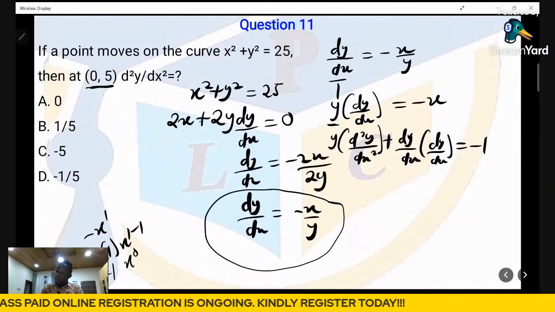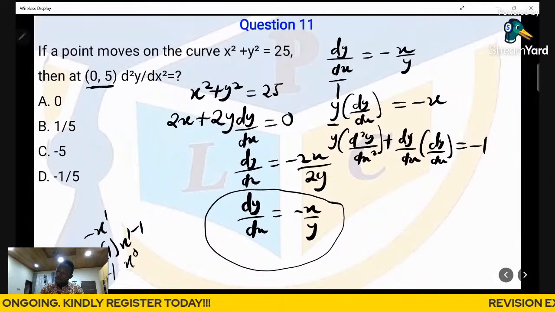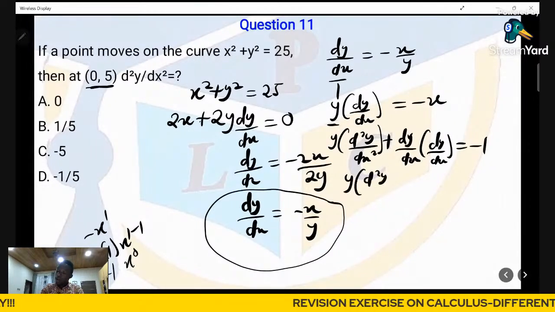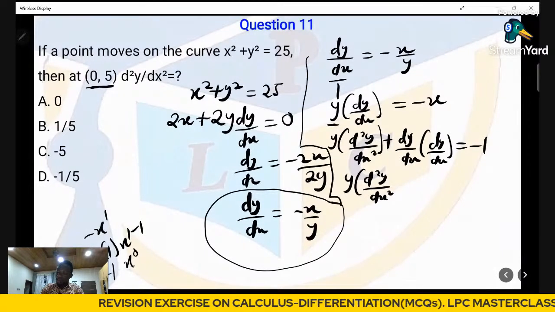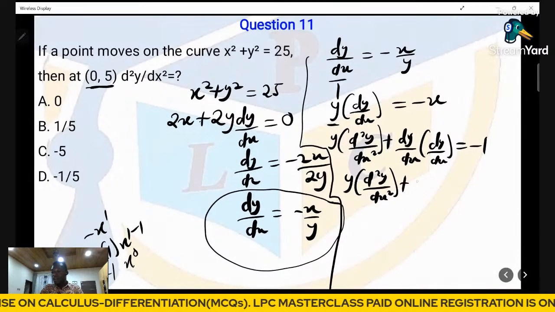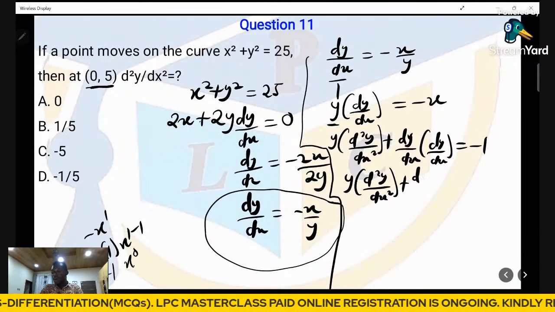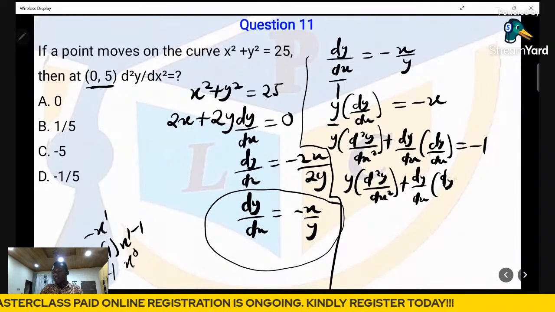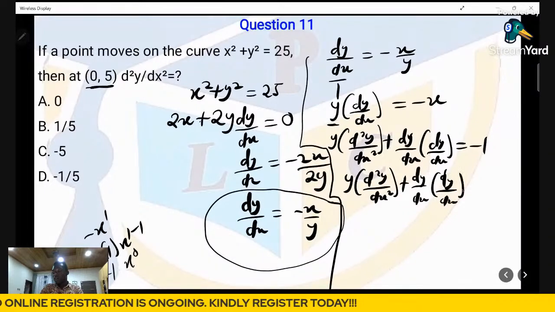So that's what I'm going to do. I'll have my d squared y over dx squared, plus dy over dx, and that should be equal to negative 1.